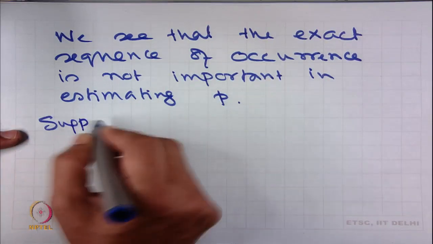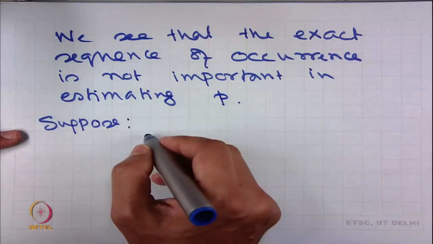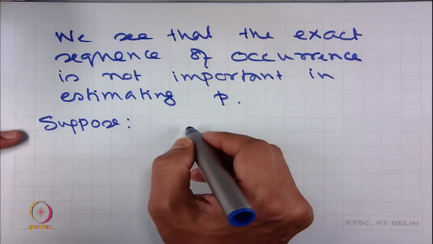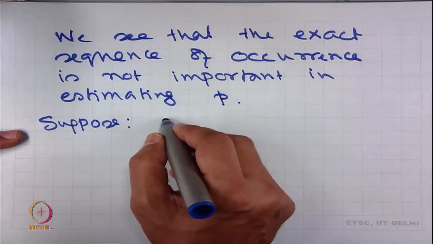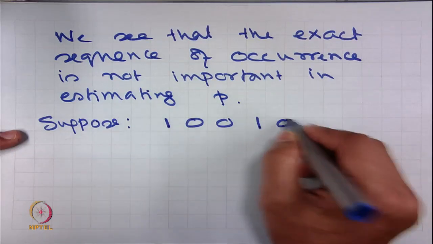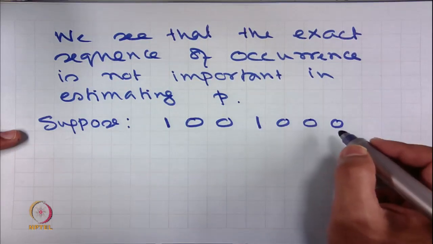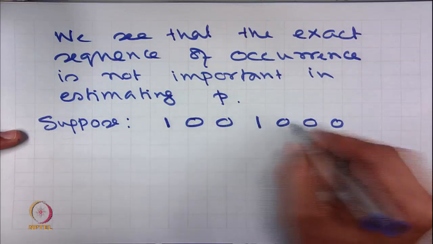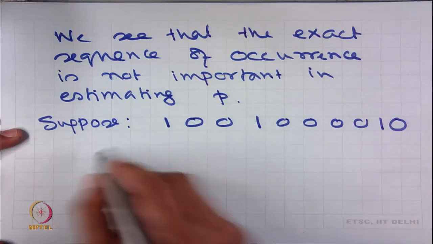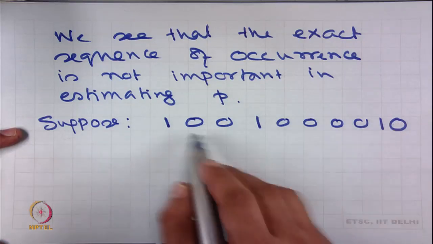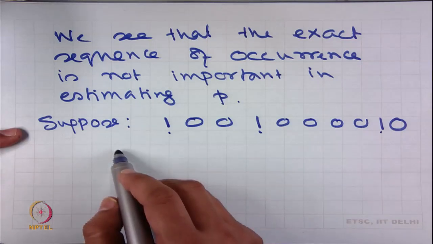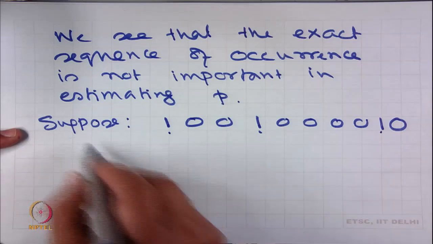Suppose I toss the coin 10 times and my observations are 1, 0, 0, 1, 0, 0, 0, 0, 1, 0. That means, out of 10 tosses, I have got 3 heads and the rest are tails.